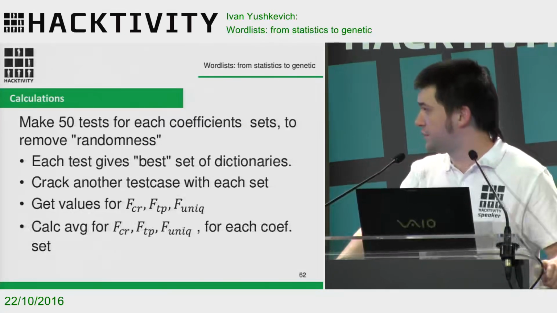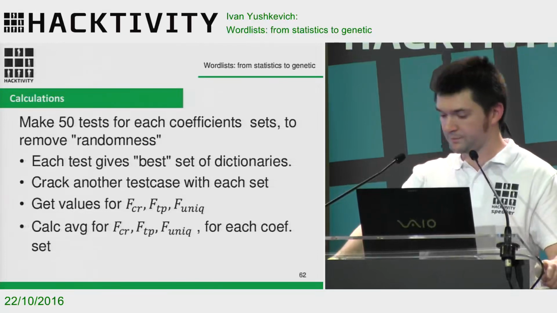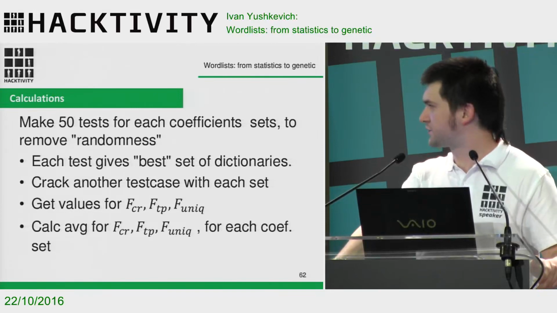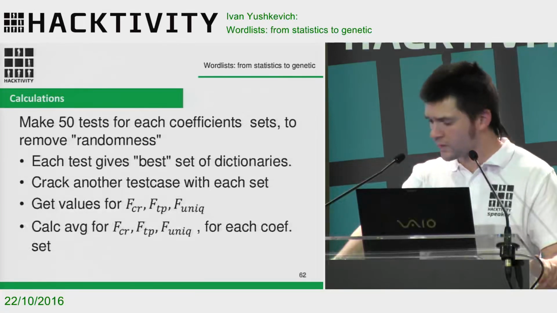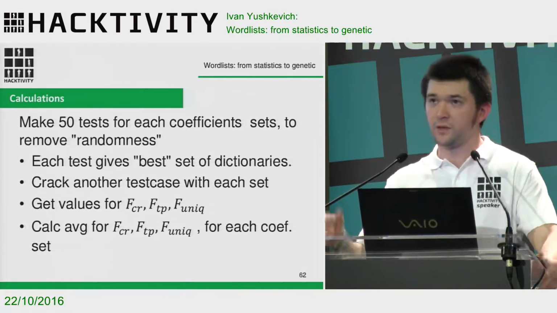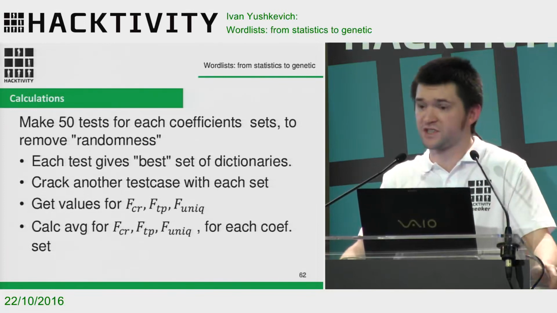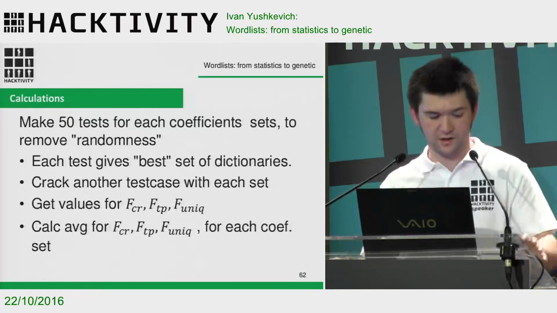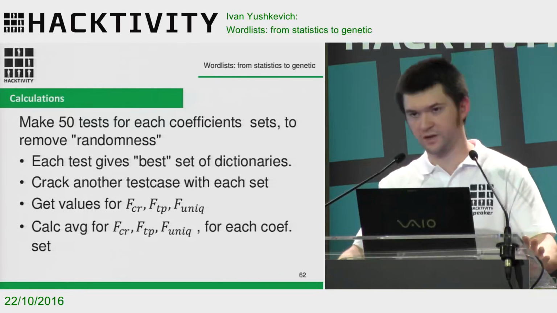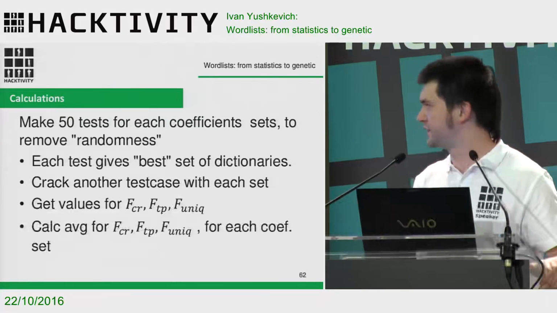I calculated the values and made an average of them. This was done to remove some randomness. If I make only one test for each set of coefficients, because there is a lot of randomness, the value cannot be right. That's why there were 50 of them.